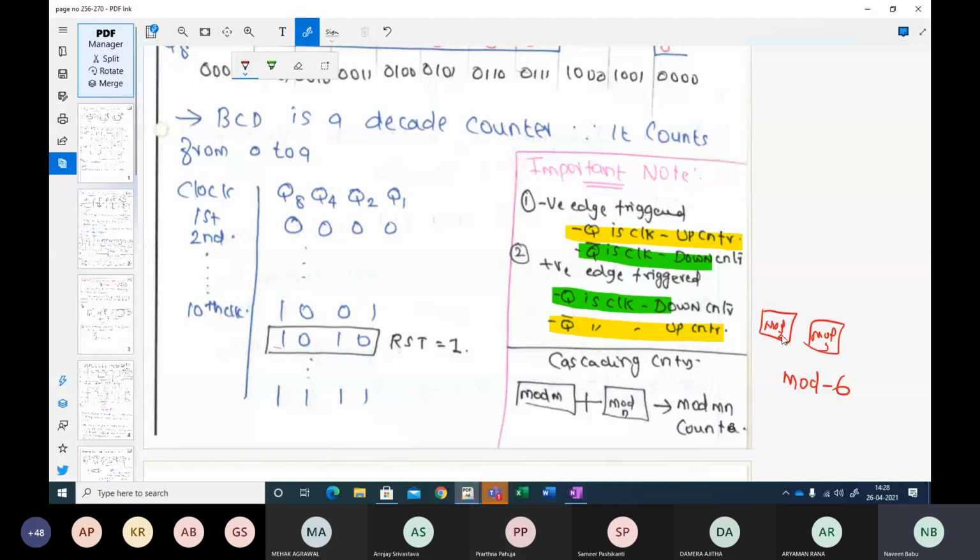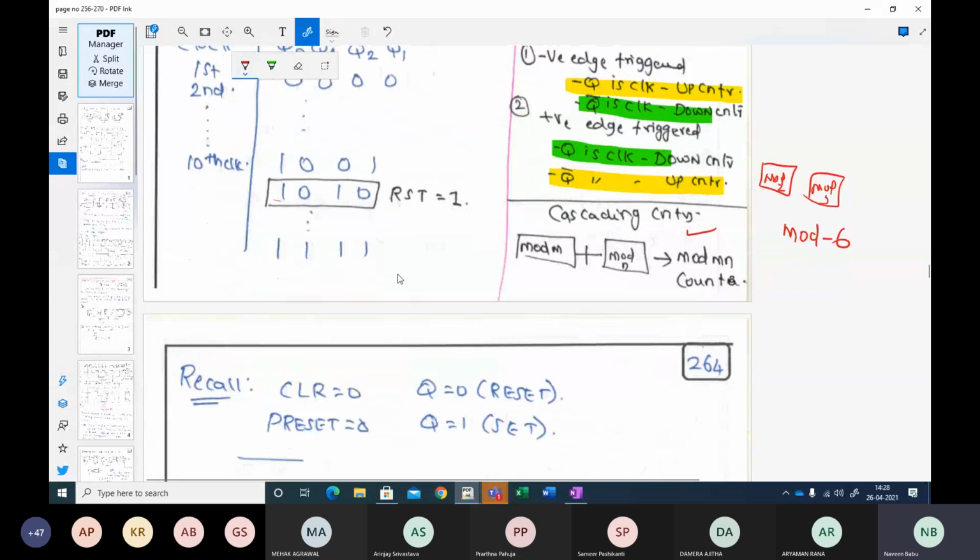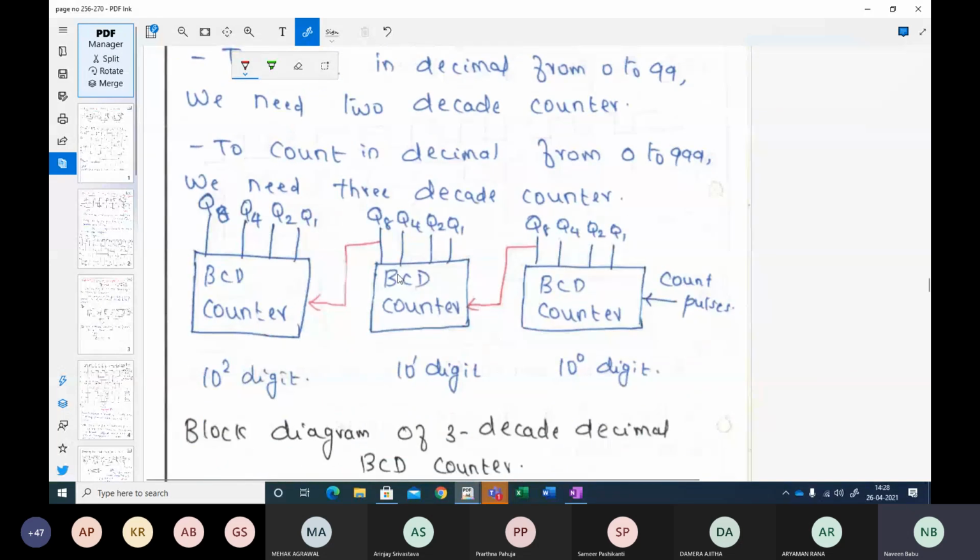Mod 2 counter will count from 0 to 2 and mod 3 counter will count from 0 to 3. These two counters, mod 2 and mod 3, can be cascaded together. That is what is called a mod mn counter. So now let us see how to cascade it. Yes, this is how your decade counters are cascaded.